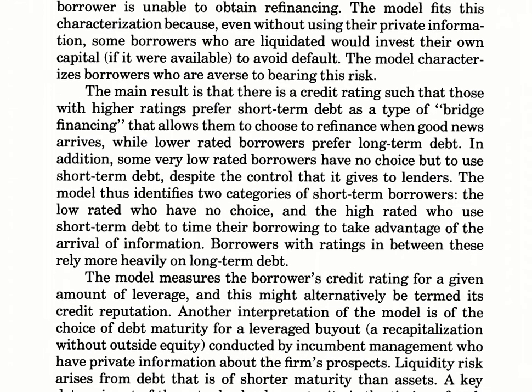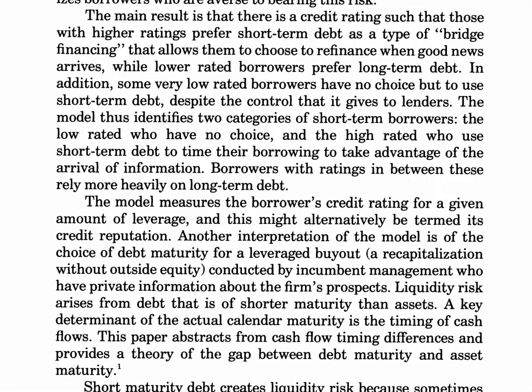The main result is that there is a credit rating such that those with higher rating prefer short-term debt as a type of bridge financing that allows them to choose to refinance when good news arrives, while lower-rated borrowers prefer long-term debt. In addition, some very low-rated borrowers have no choice but to use short-term debt, despite the control that it gives to lenders.